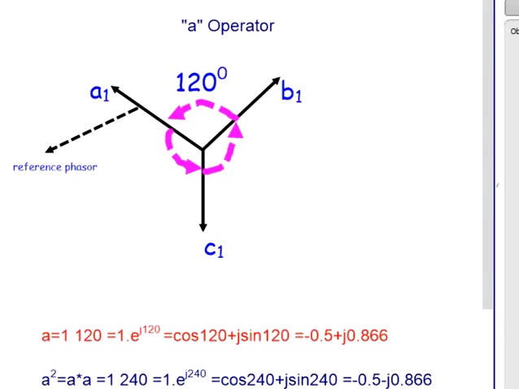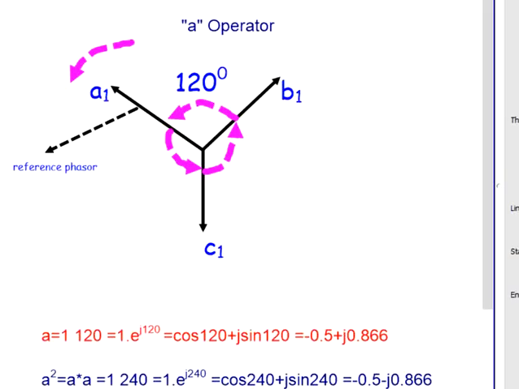Now just consider A as a reference phasor. I will consider that the symmetrical components rotate in the anti-clockwise direction. This is my reference, and my direction is counterclockwise.